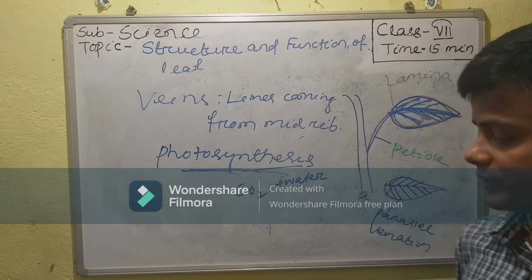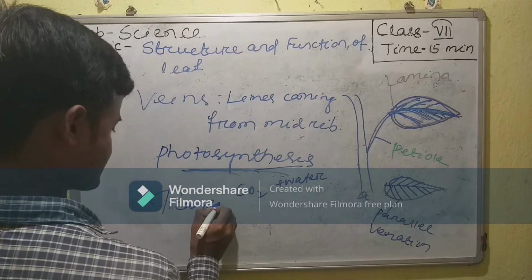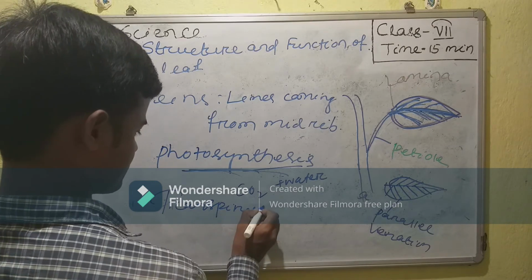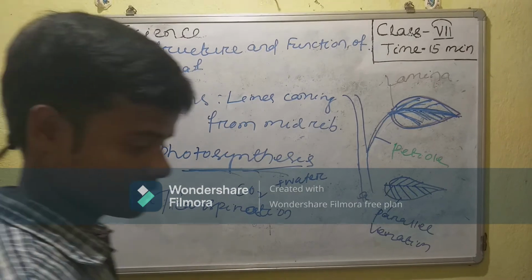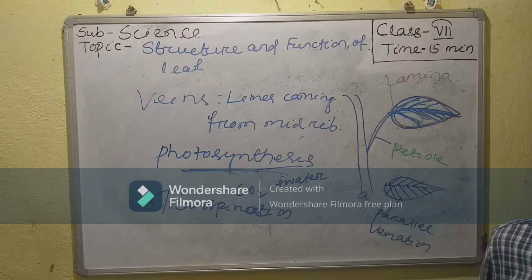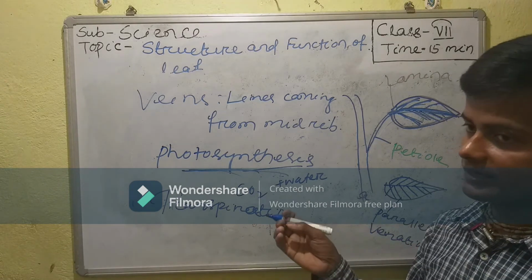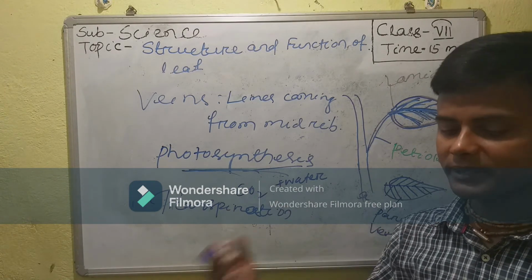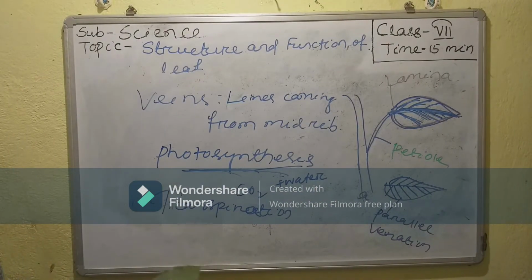And there is another function of the leaves, which you will study in higher classes, that is transpiration. Right? In the summer season you must have seen that some leaves go dry because of heavy sunlight, right?